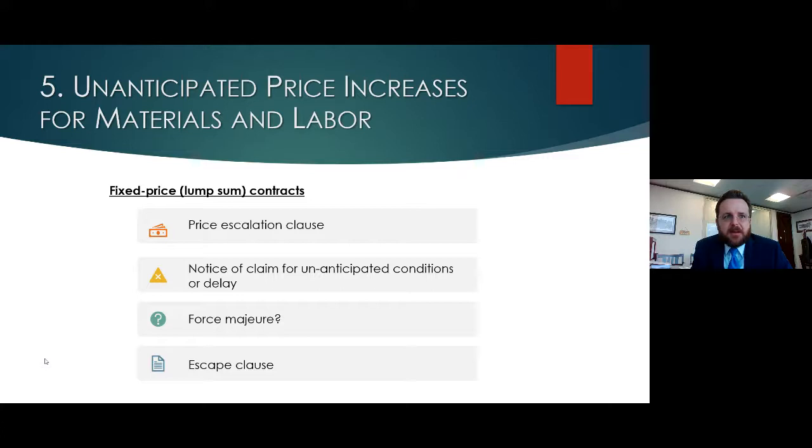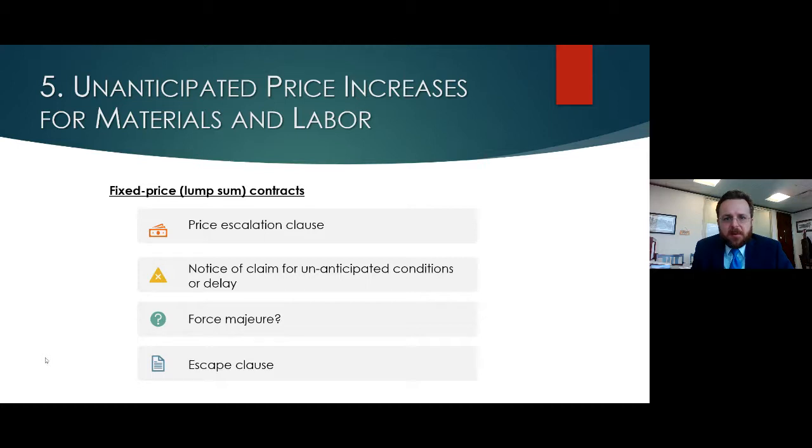The projects may not make sense when prices get too high. So the owner may not go forward with the project, or may halfway through decide they want to stop it. And then the GC turns around and terminates you, even though you haven't caused any problems and you're not in default. So in the event that you're terminated for convenience, do you have any special remedies?